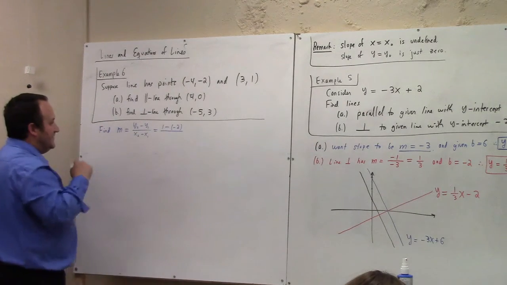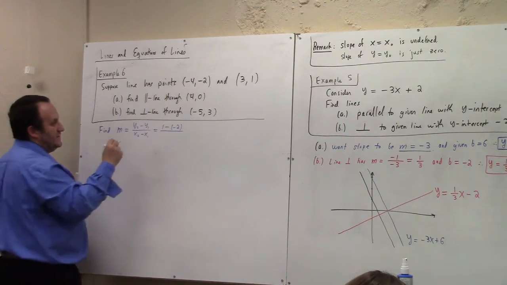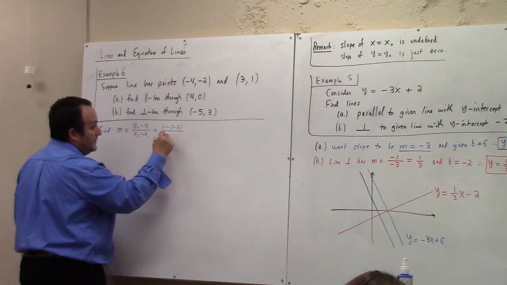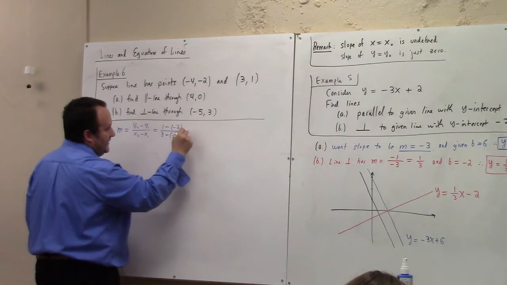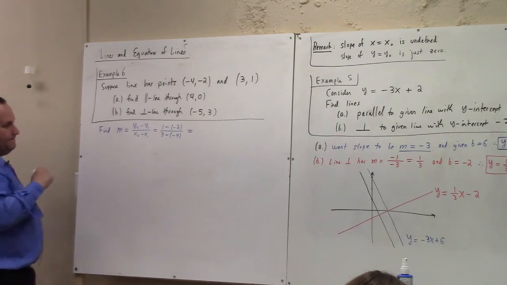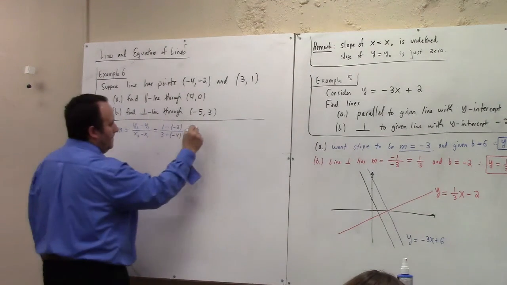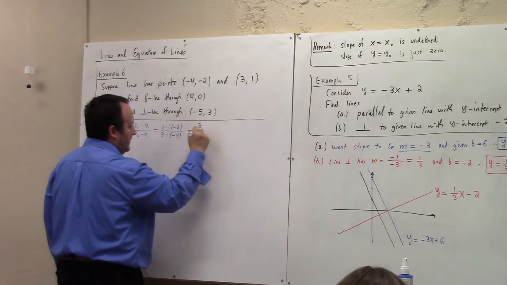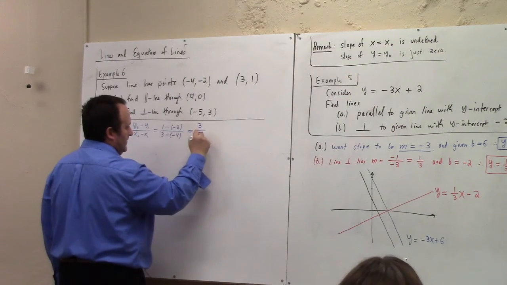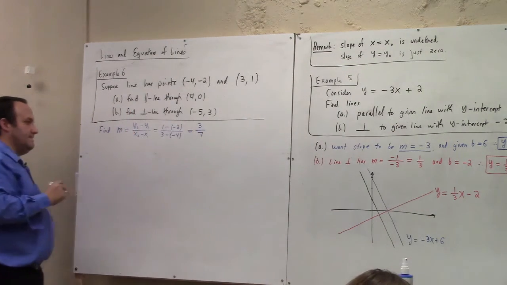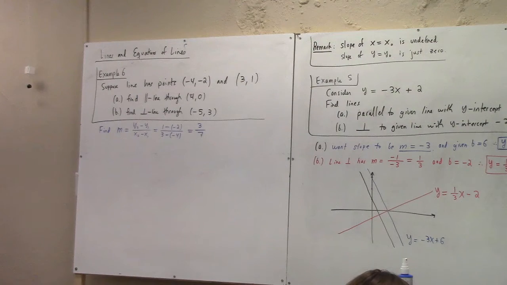So 1 minus minus 2, and x2 is 3 minus minus 4. So what do we got? Looks like we got 3 over 7. So the slope is 3/7.